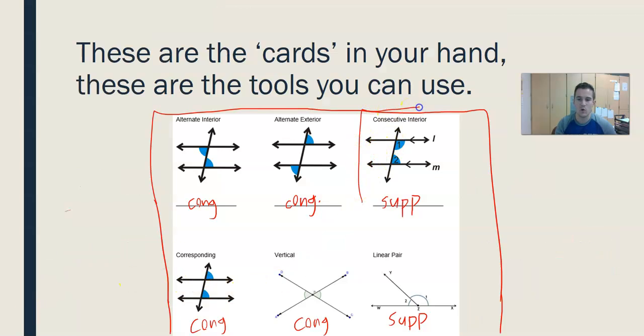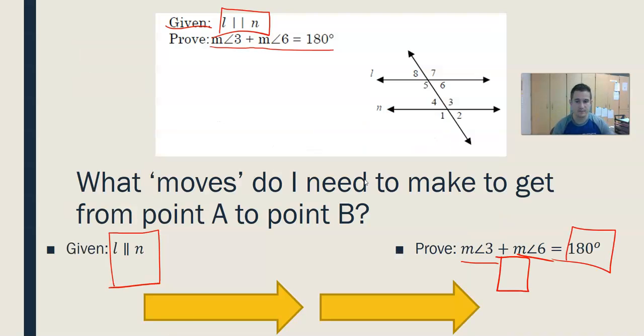Specifically, how do we know that those are supplementary angles? Well, one of the tools in our toolbox, one of the cards at our disposal, is that consecutive interior angles are supplementary. Let me put that card right here: 3 and 6 are consecutive interior angles and are supplementary. So this is how my proof would go.